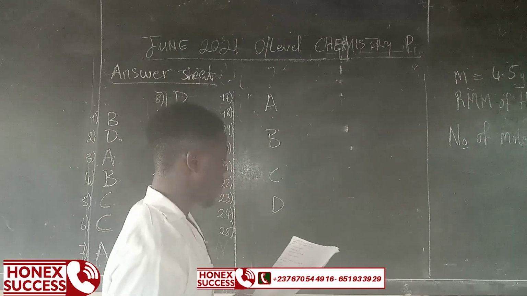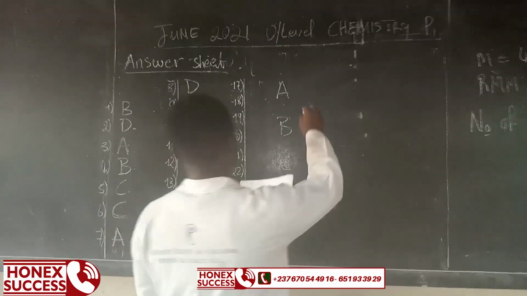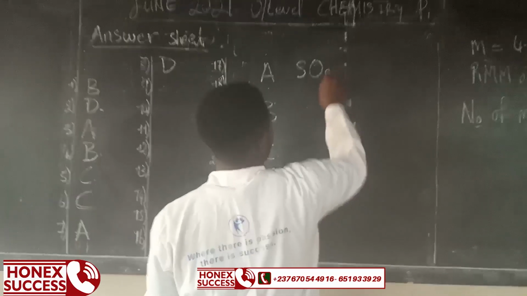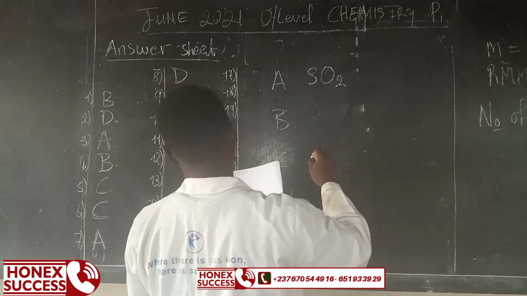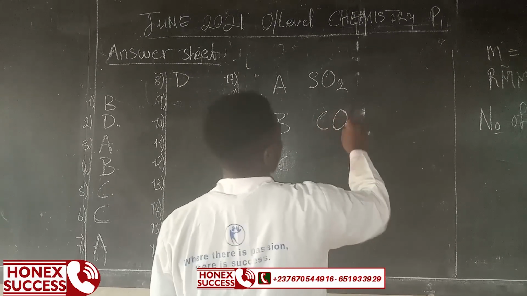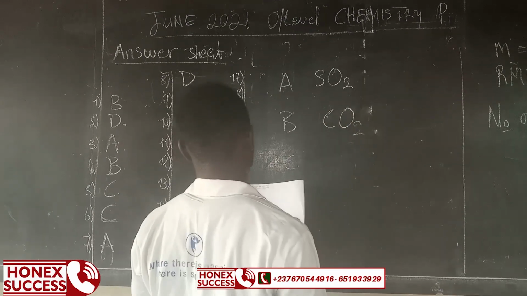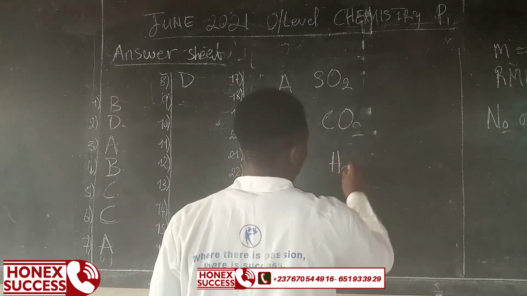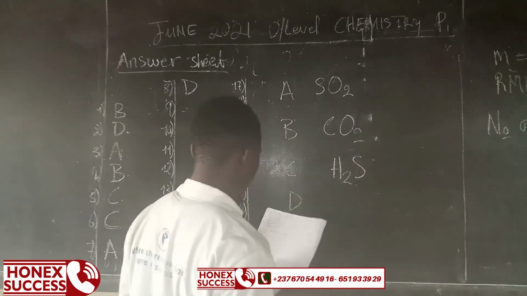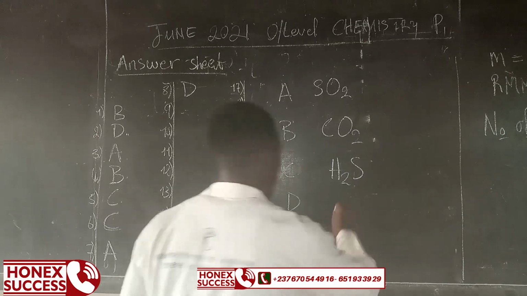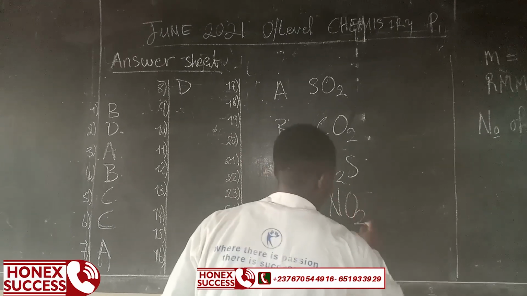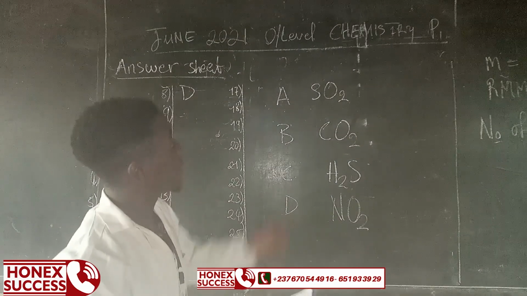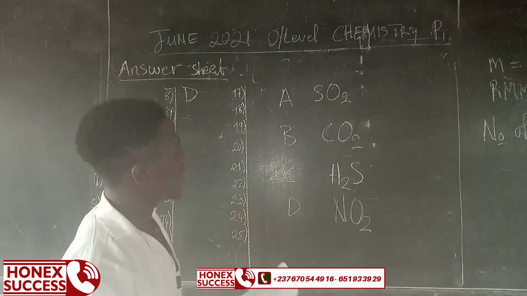Option A, sulfur dioxide. Option B, carbon dioxide. Option C, hydrogen sulfide. Option D, nitrogen dioxide. So these are the options that were presented.